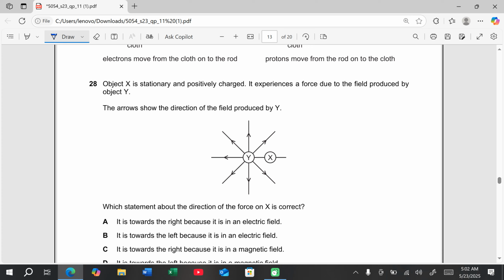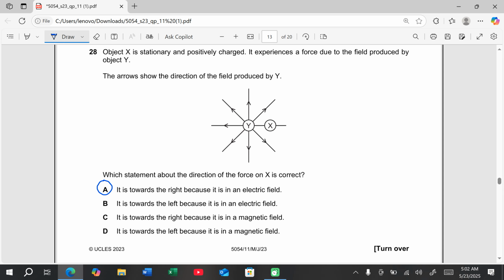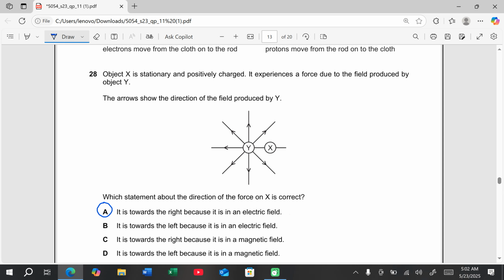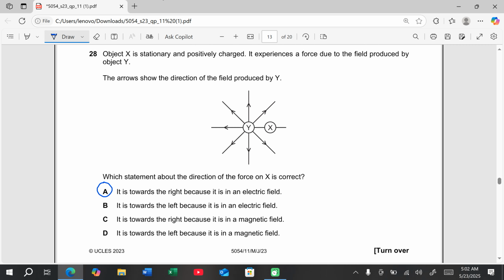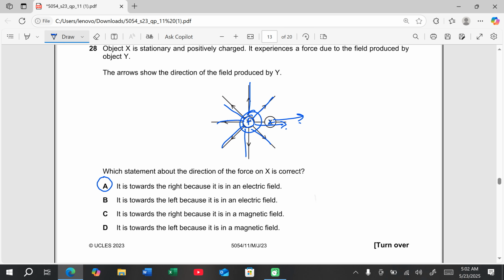That's correct. The reason is that a positive charge always gives out field lines, so it means this is also positive, and he has told us that this is positive, so it is going to be repelled, so it is going to get a force to the right.